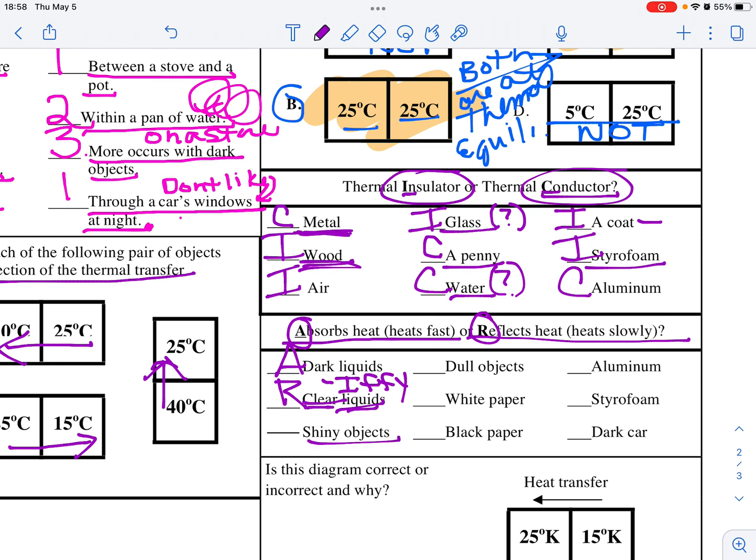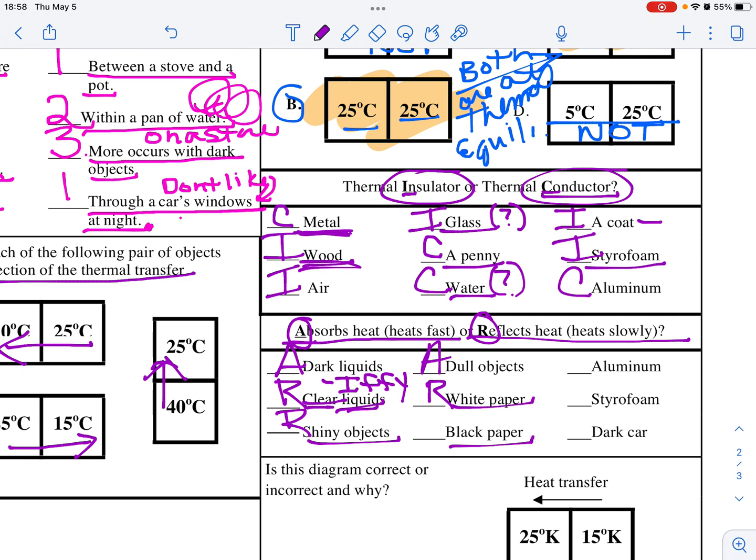Shiny objects. These reflect heat. Dull objects, if you recall from the first page, absorb. White paper. Does white paper absorb or reflect? Most of you are going to get this one right.